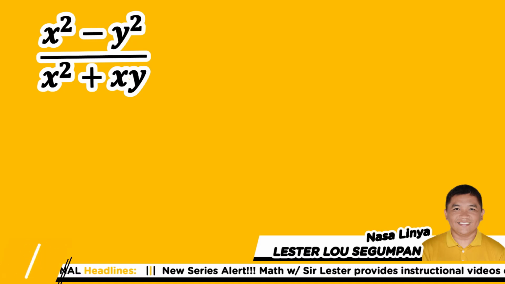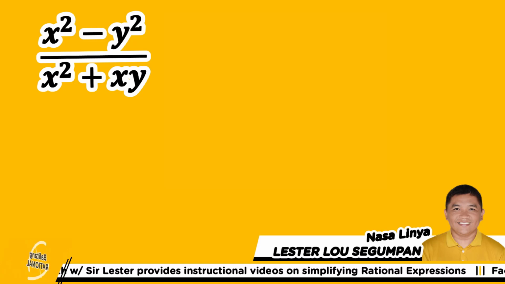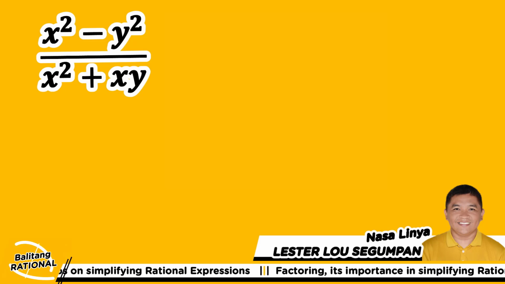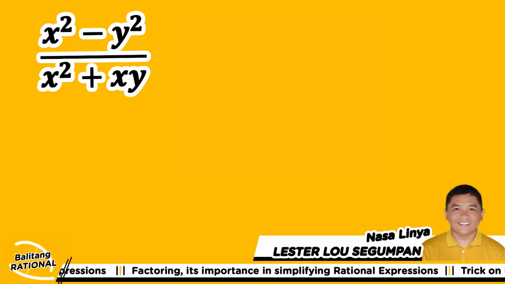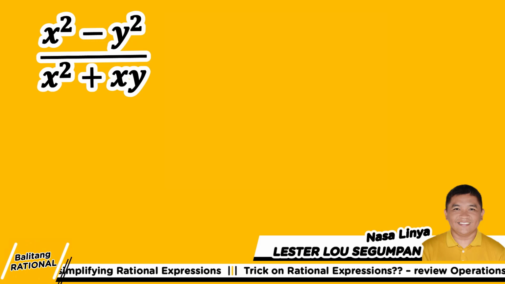To solve for this, huwag kalimutang di po muna pwedeng gamitin yung cancellation law of multiplication. Baka yung iba sa atin iniisip na pwedeng makancel yung x squared kasi may x squared sa numerator at meron ding x squared sa denominator. So di po pwede yon kasi yung cancellation law, yung mas complete niyang pangalan is it's the cancellation law for multiplication.